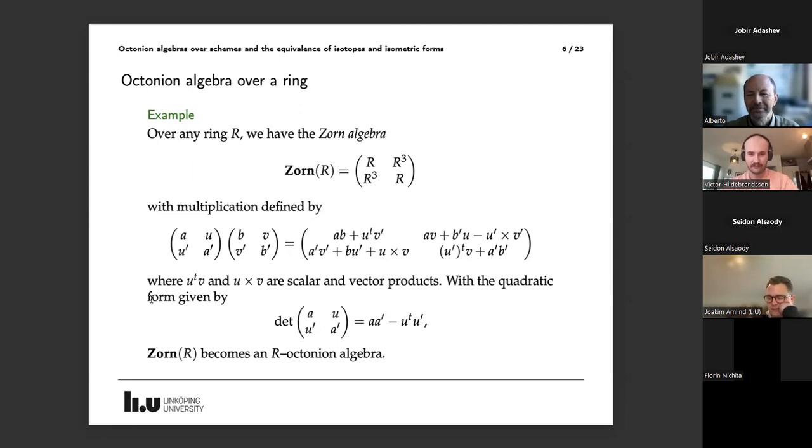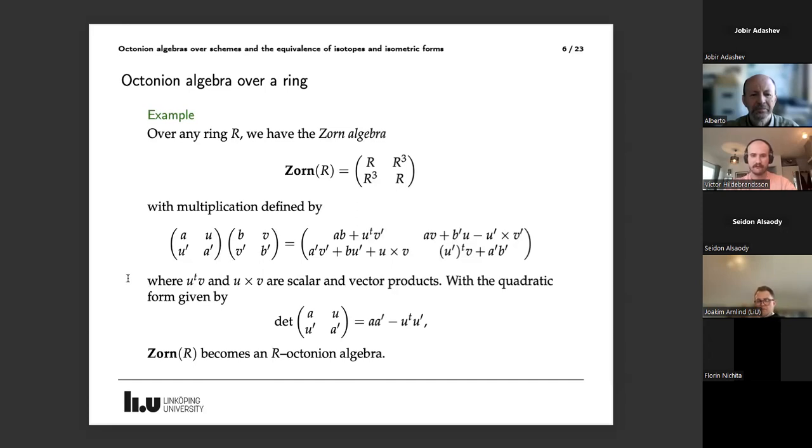So an example of an Octonion algebra is the Zorn algebra, which is the set of matrices with elements of R on the diagonal and 3-vectors of R on the skew diagonal, with this multiplication here, where these u, v are scalar products, and these u times v are the vector products defined in the usual way we do in linear algebra.